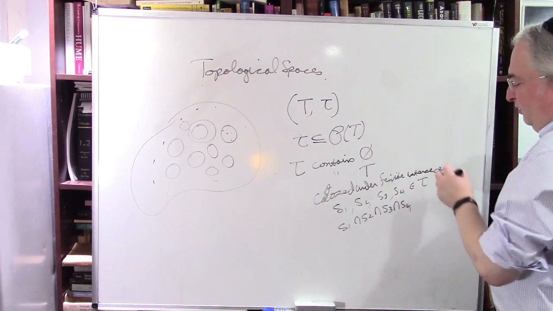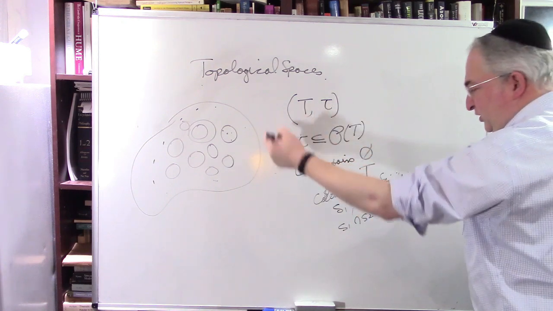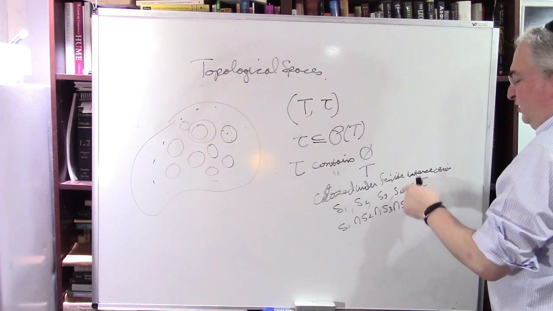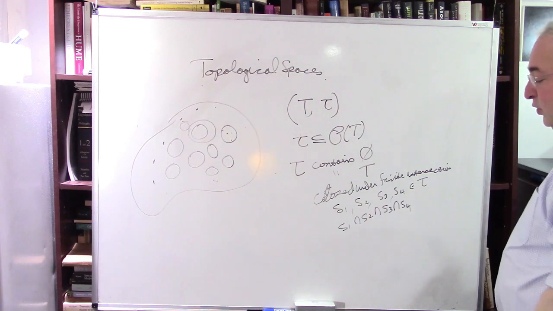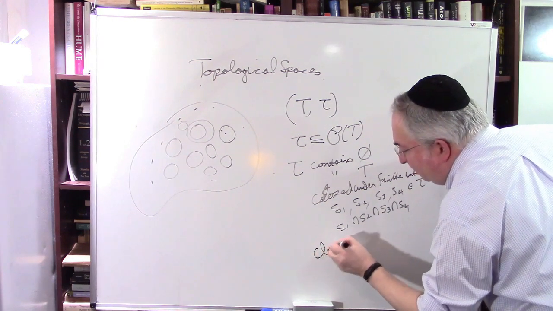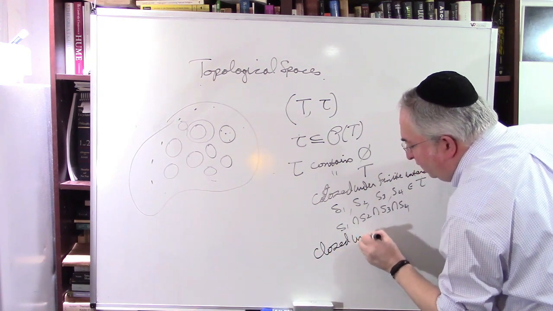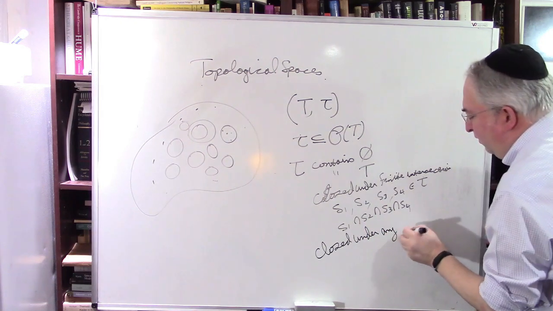And it's closed under finite intersection. Let me say what that means. If you have S1 a subset, S2 a subset, S3 a subset, S4 a subset, all of these are subsets, then the intersection is also a subset. One more requirement: closed under arbitrary union.